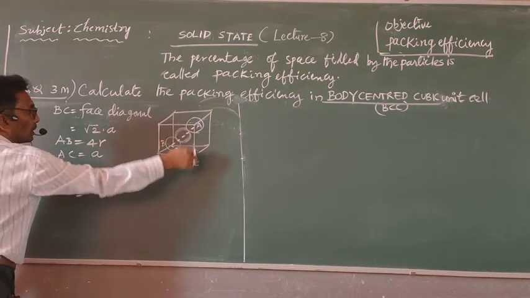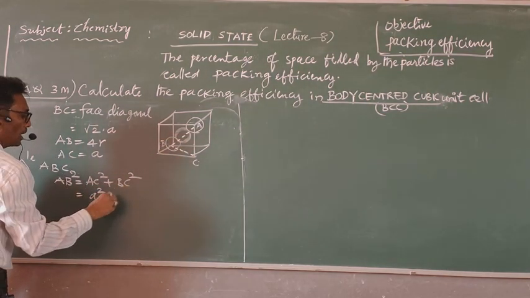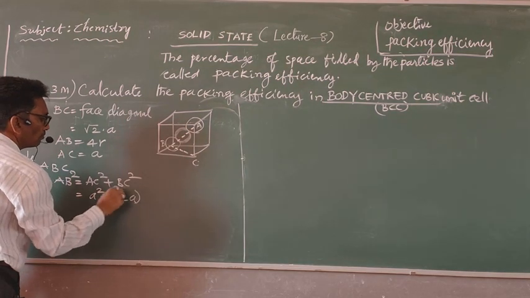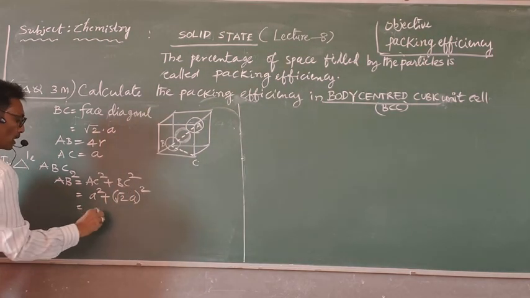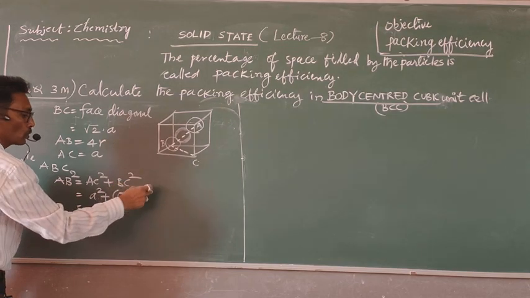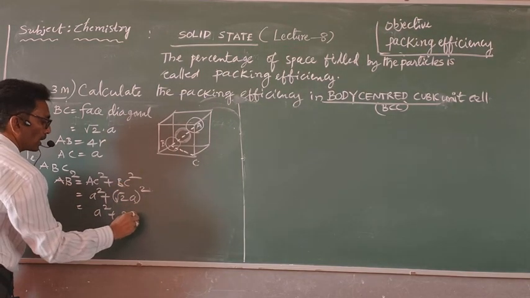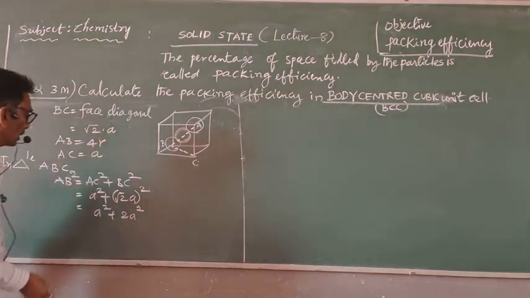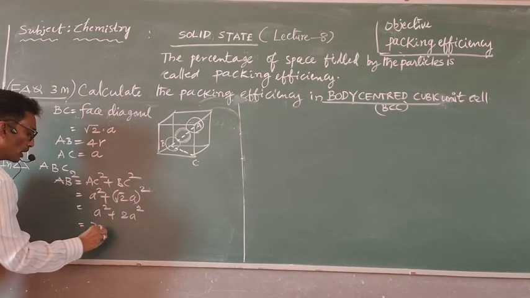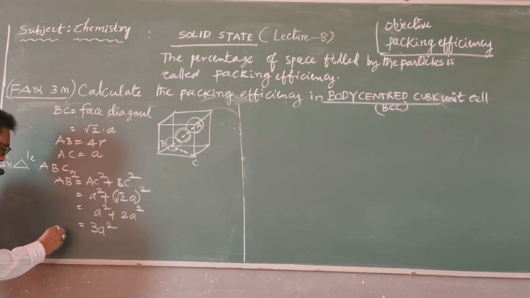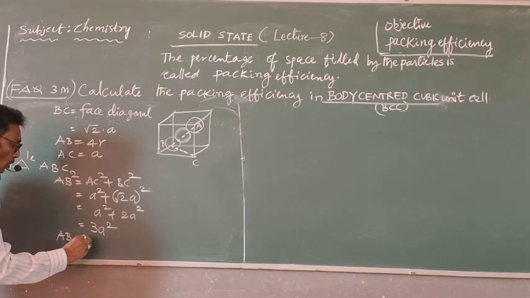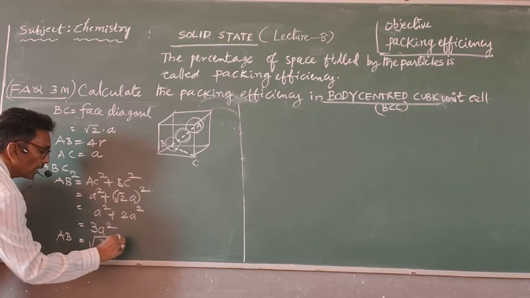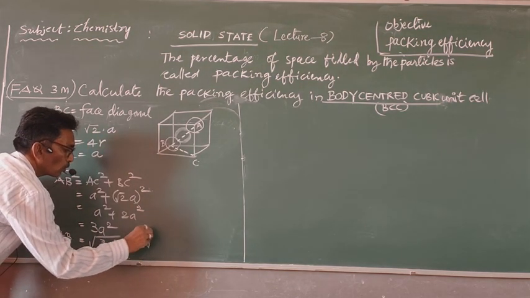AC how much? a. And BC how much? Root 2 a whole square. That becomes a square plus root 2 into root 2, 2, into a square, as 1a square, 2a square, total 3a square. Then AB is equal to under root of 3a square, that is equal to a root 3.